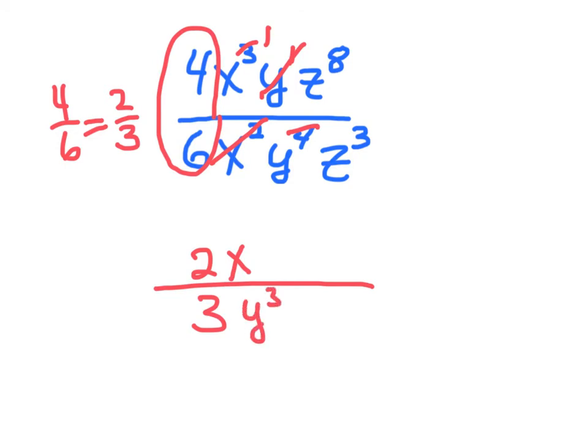For the z's, we have 8 z's on top, 3 z's on bottom, so we have a total of 5 z's on top, z to the fifth on top. Again, the top wins, and how much does it win by? It wins by 5. And so we have our final answer right here.